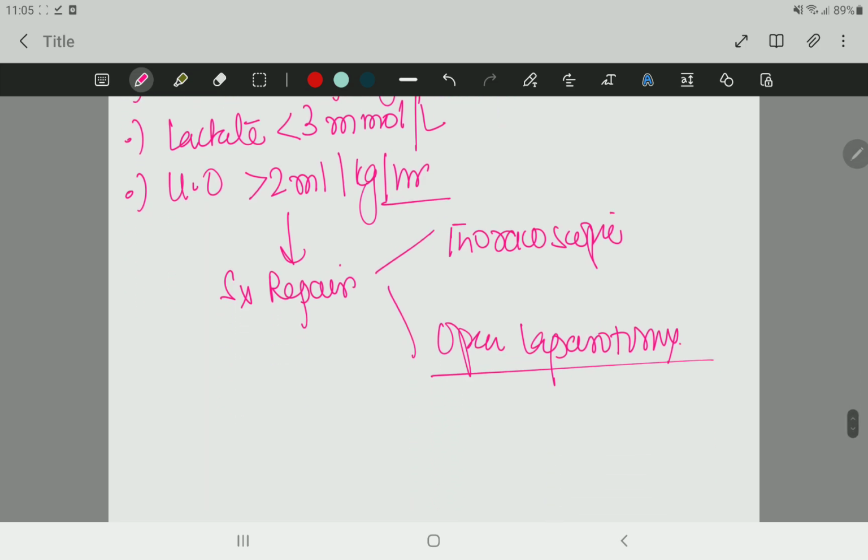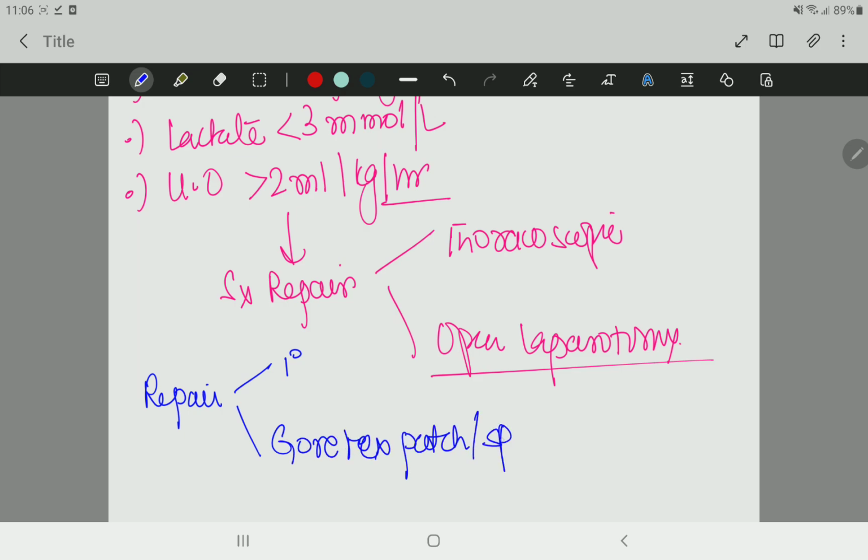The repair can be a primary repair with sutures alone, or with the help of a Gore-Tex patch or a split abdominal wall muscle flap, especially for a large defect.